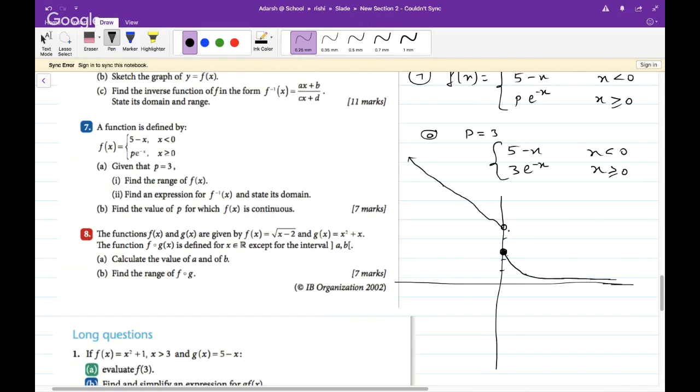So what all values of y cannot be possible? One second, this line is not exactly right. The line is like this.